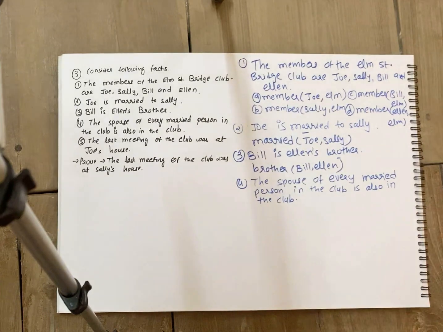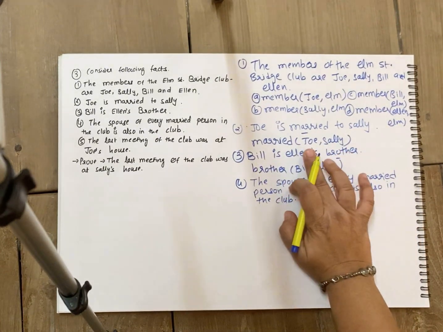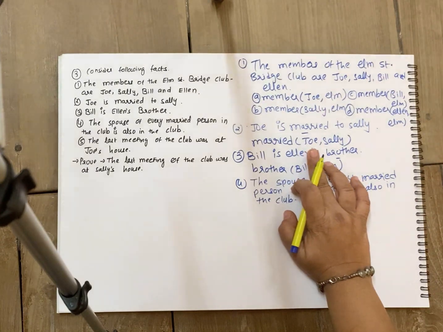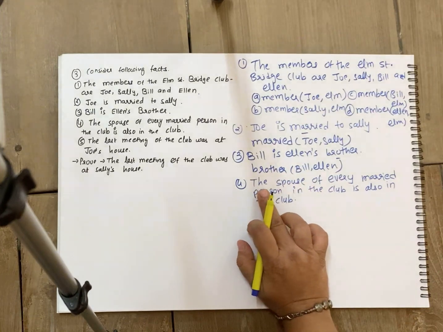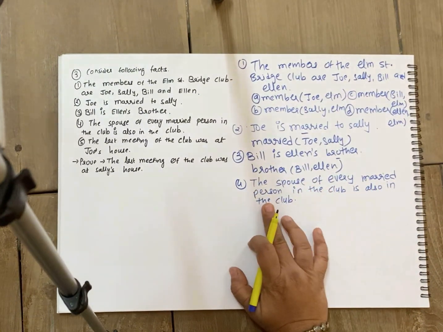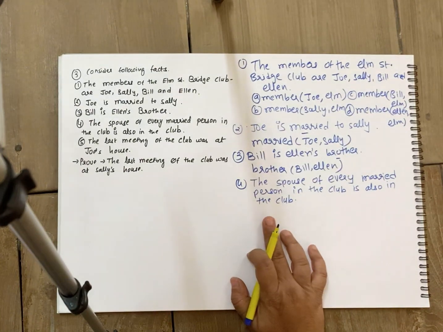What I am trying to say is, if Joe and Sally both are married, and if Joe is a member of the club, then automatically Sally will also become a member of the club.